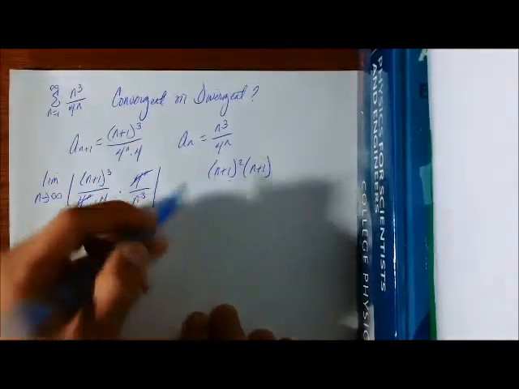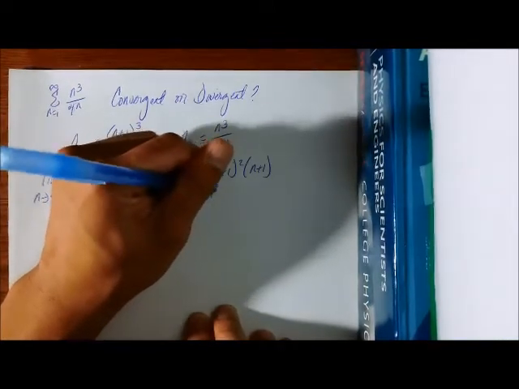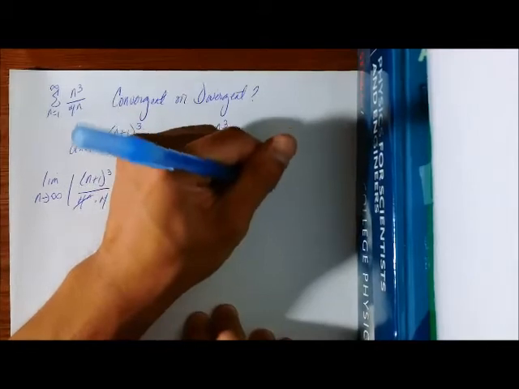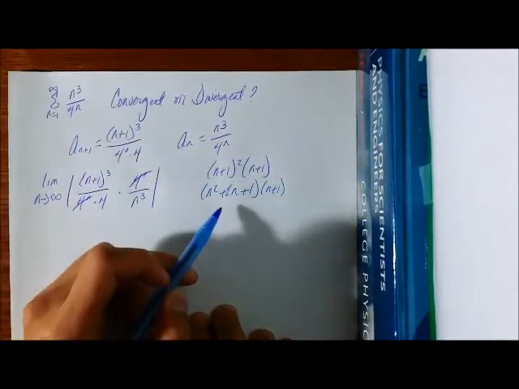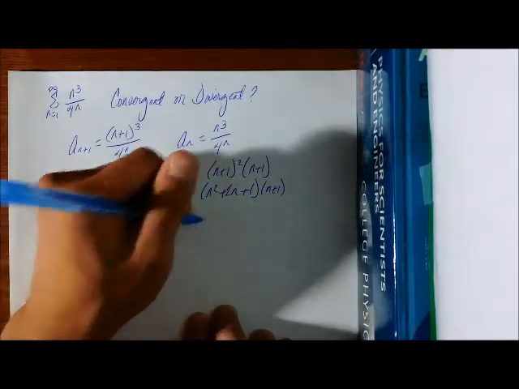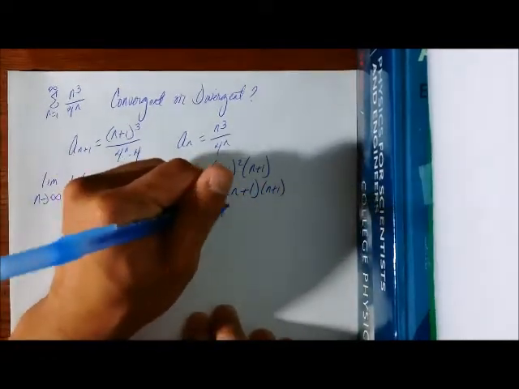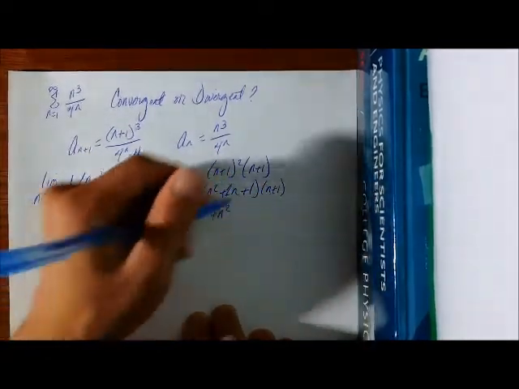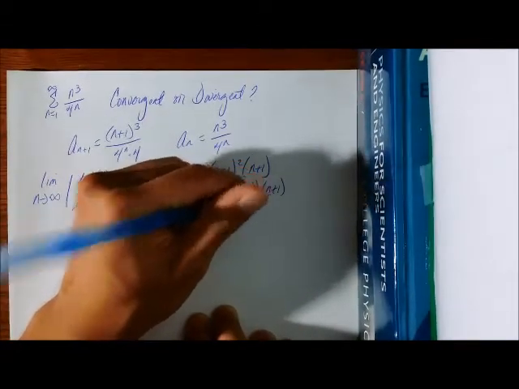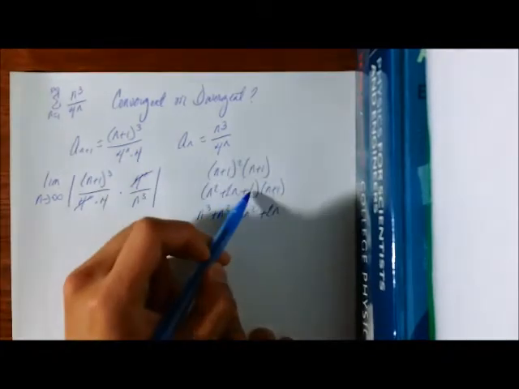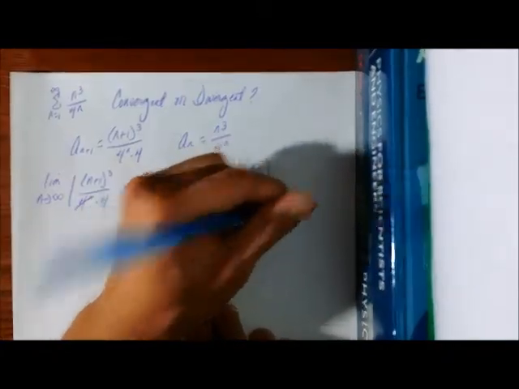As you can see, when you expand it, you get n squared plus 2n plus 1 times n plus 1. Now, the n squared and the n make an n cubed. The denominator has the highest degree as n cubed. That means the other parts of the binomial are not necessary. But for algebra's sake, we will complete it.